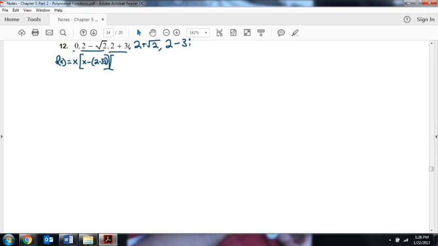And then I also have x minus (2 plus the square root of 2). Well, those are my radicals. Now let's do the complex numbers. I got x minus (2 plus 3i), and I got x minus (2 minus 3i).